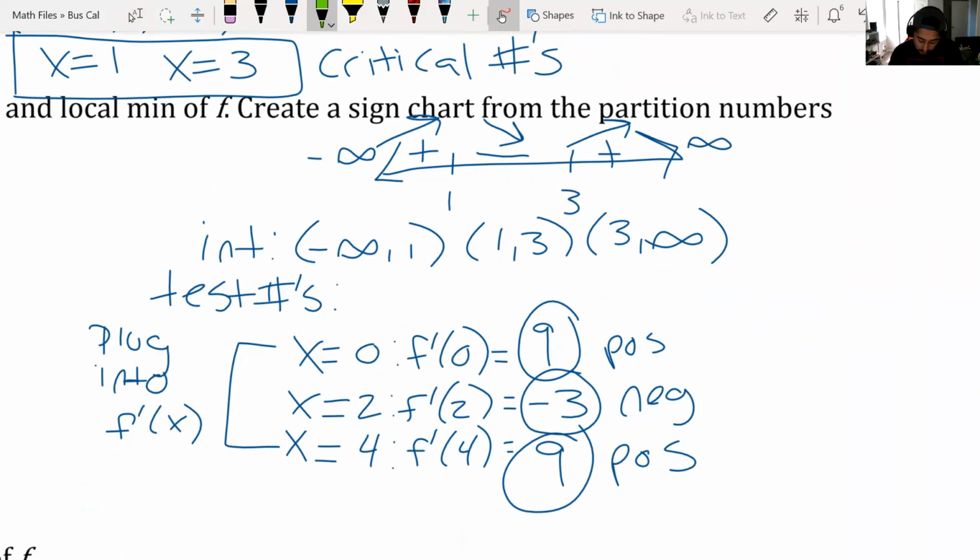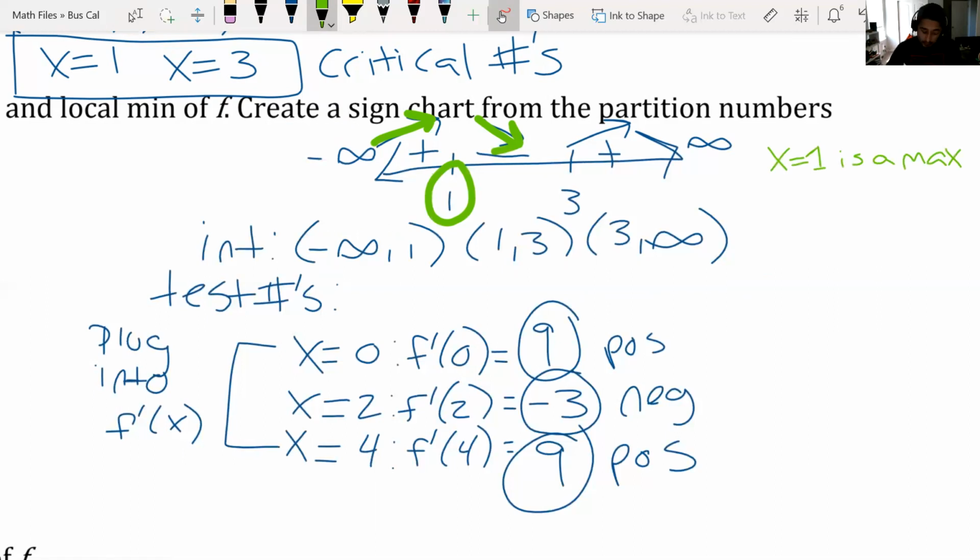At 1, we increase and we decrease. So if we increase and decrease, this means that x equals 1 is a max.